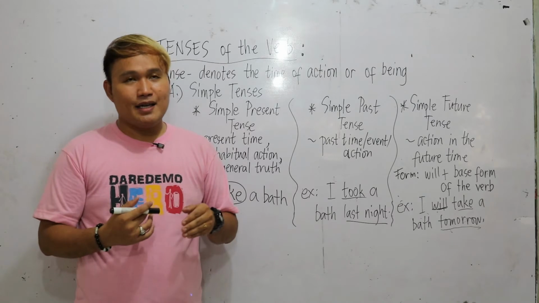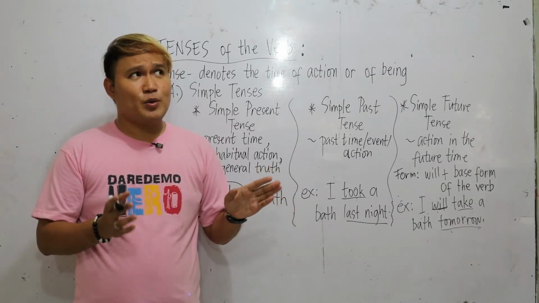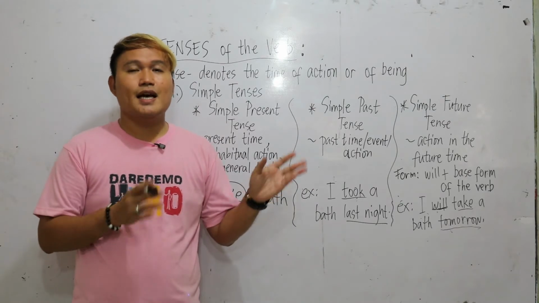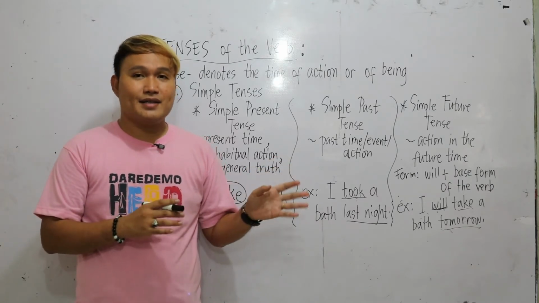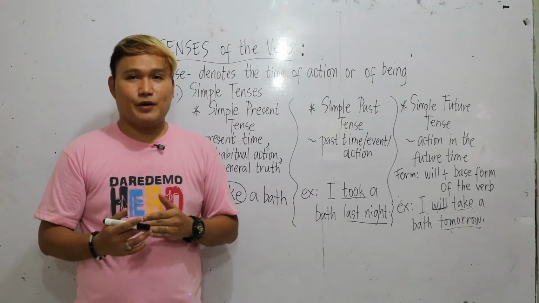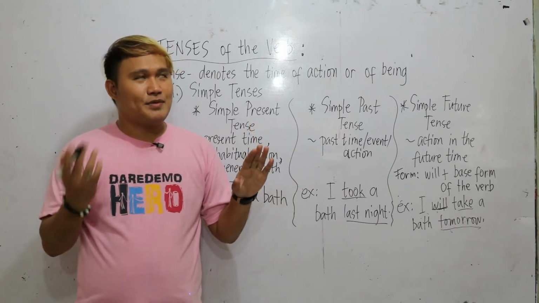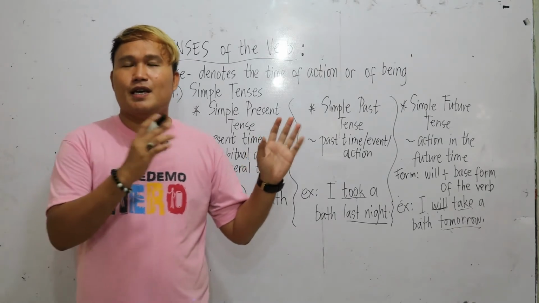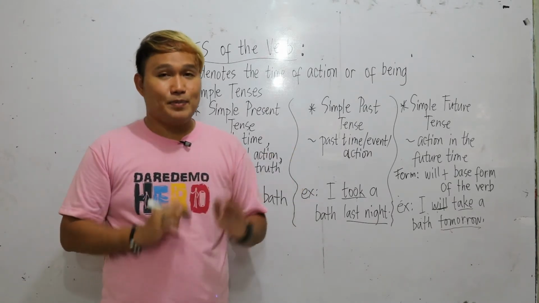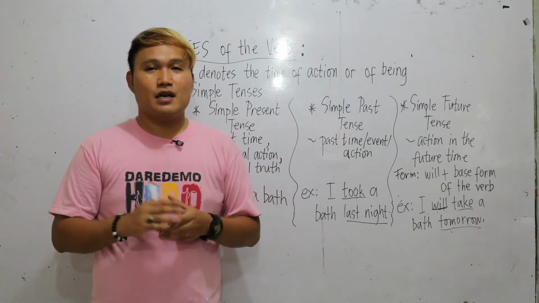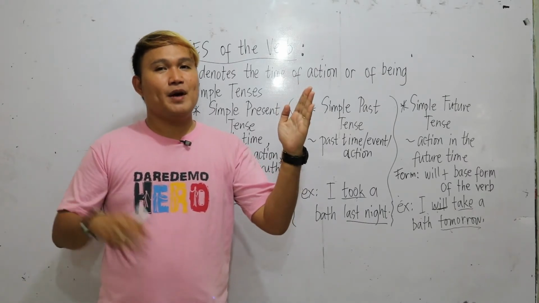So if you are using I, you, we, or plural nouns or plural pronouns, you are going to use the plural form of the verb, which has no S. But if the subject is singular, you have to use the S form or the singular form of the verb, which ends in S. So singular, S form; plural, no S.